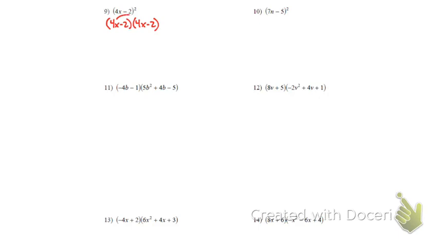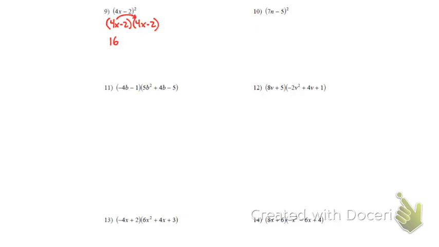So 4x times 4x. Okay, so what you want to do is multiply the 4's together. 4 times 4 is 16. And then when we multiply variables, because we're going to multiply x times x, when you multiply variables, you actually are going to add the exponents.